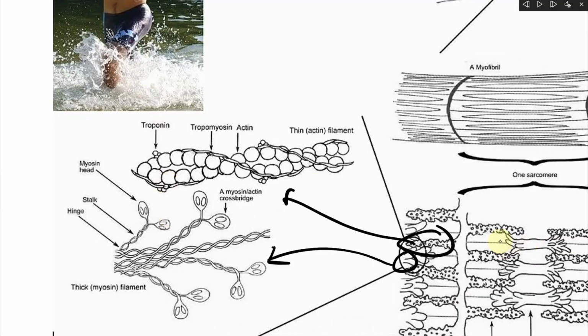All right, so these molecules are called troponin. You have tropomyosin. There's the actin, these big circles there, and then you have thin actin filaments around it, and there's the actin inside there.